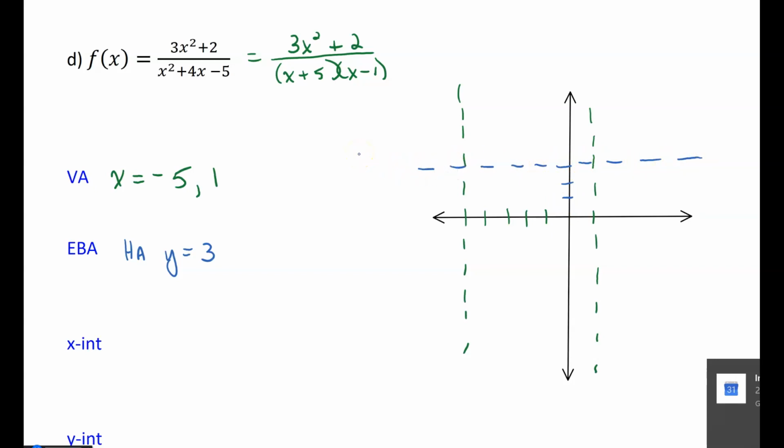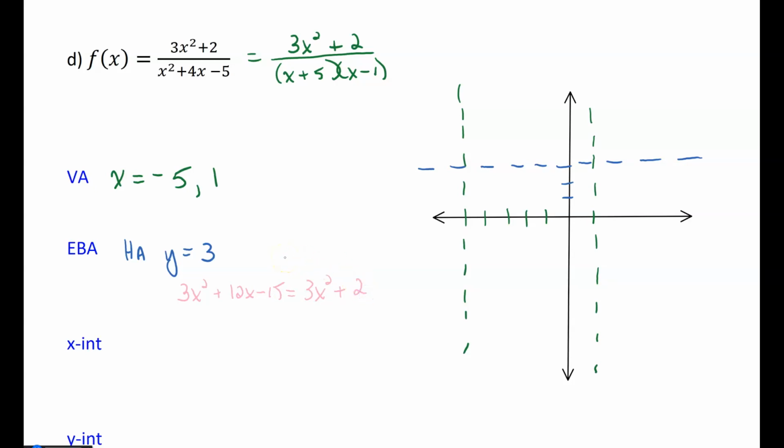All right, checking for crossing. If I set the left side equal to 3 and I multiply everything through, I'm going to get 3x squared plus 12x minus 15 is equal to 3x squared plus 2.